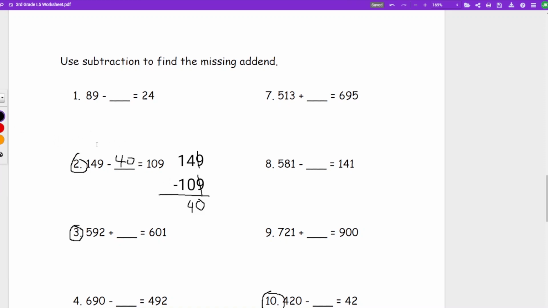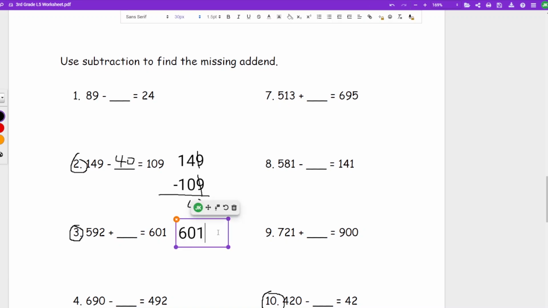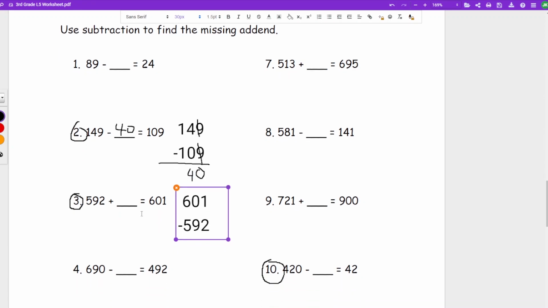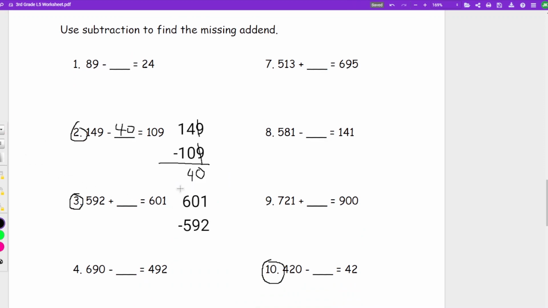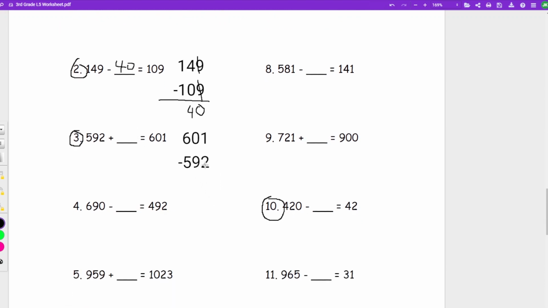Okay, number 3. 601 minus 592, because I have to find the difference between these two numbers to find this number. So if we subtract 2 from 1, can't do that. So carry the 1, but there's no number here, so you have to change this to 5, carry the 1, so that becomes 10.